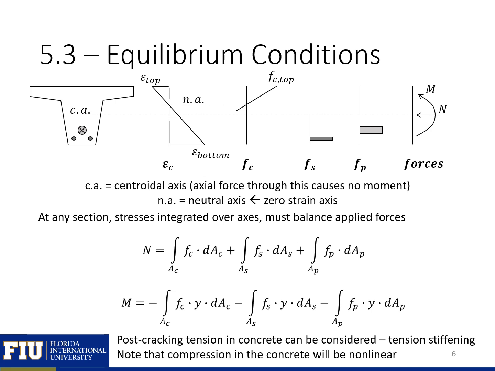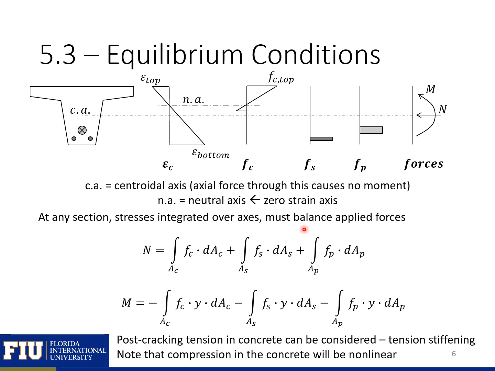Our equilibrium conditions we can define based on the information shown on this slide. Here we have our cross section, we have our strain profile, we have our stress variation in our concrete across the section depth, our stress in our steel, and our stress in our prestressing.